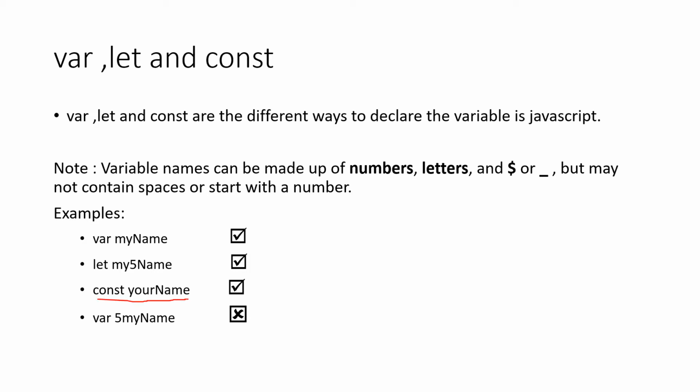This is const yourName. Yeah, this is also correct. var 5myName is wrong because we are adding a number at the start of our variable name, which is not allowed.